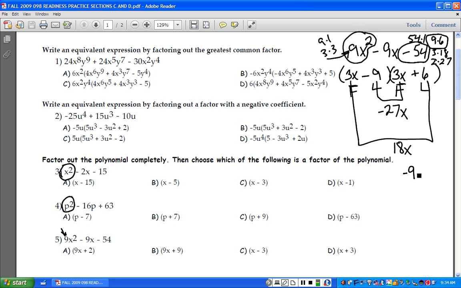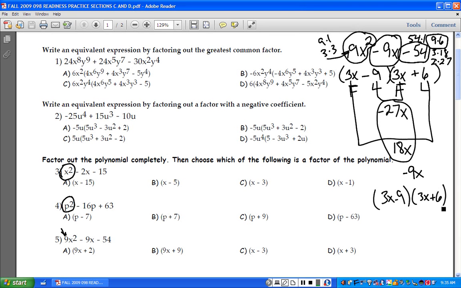Good thing this came up here. Let's look at this problem a little bit deeper. When we combine these middle terms, we get negative 9x, which is what we were shooting for in the middle. So everything looks good. We have 3x minus 9 times 3x plus 6.